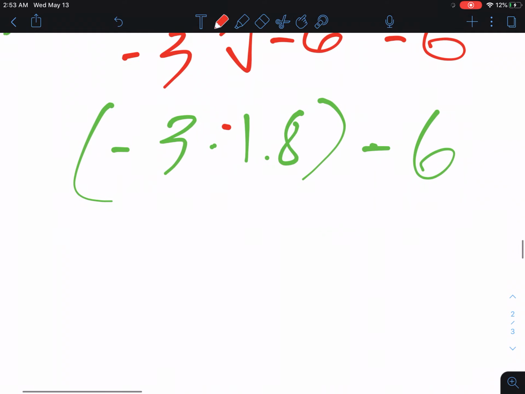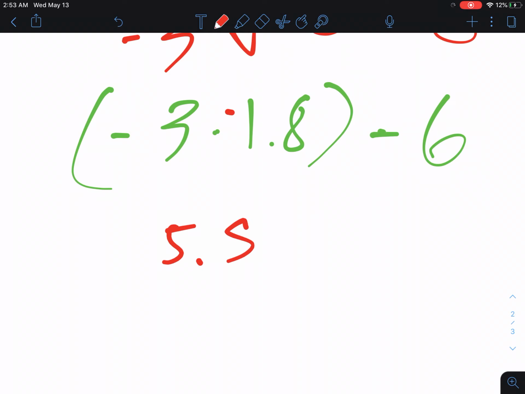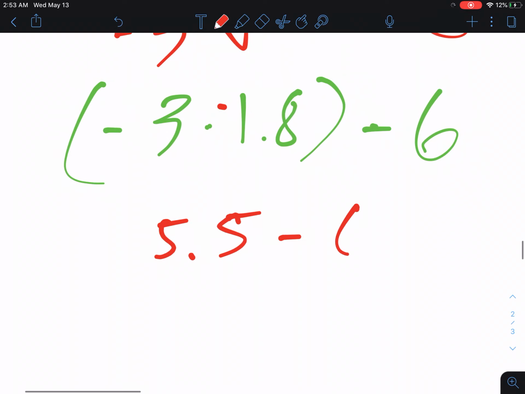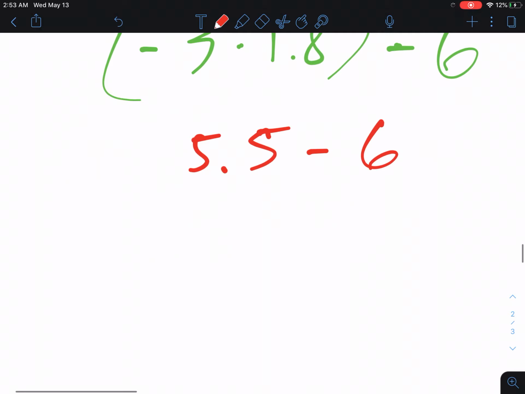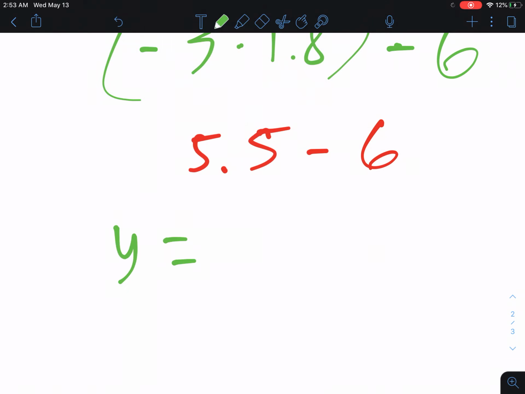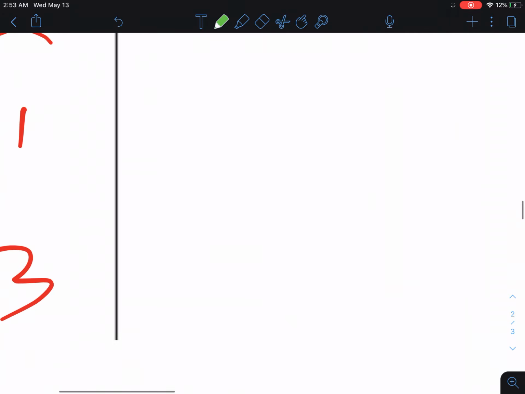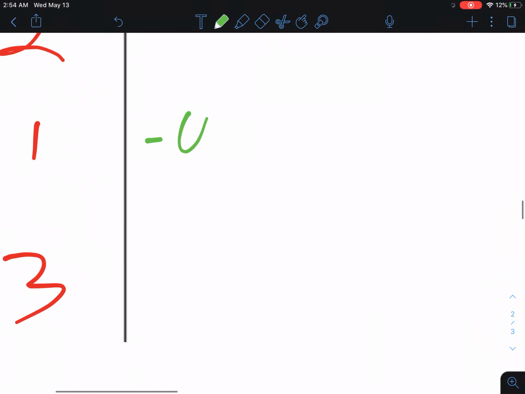My bad. So then it's negative 3 times negative 1.8 equals a positive 5.5. Then we subtract that from 6. So 5.5 minus 6 would get us negative 0.5. So y equals negative 0.5 as our answer. And now the y point is negative 0.5.